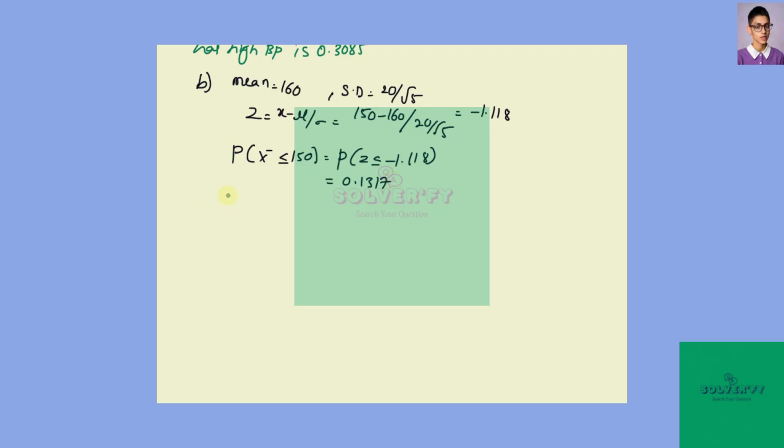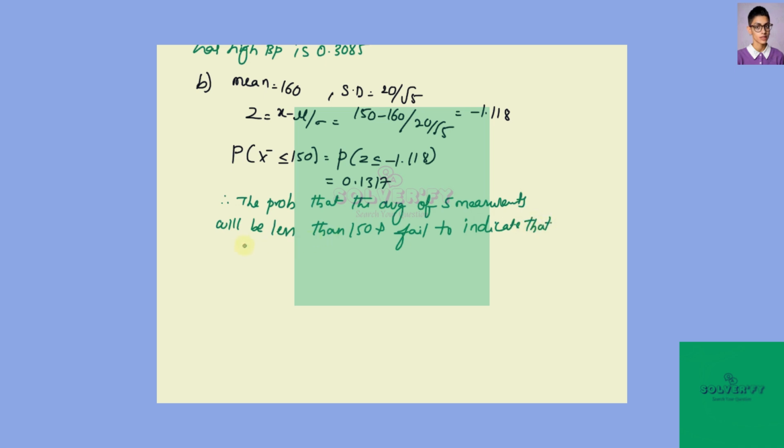So the probability that the average of 5 measurements will be less than 150 and fail to indicate that the patient has high blood pressure is 0.1317.